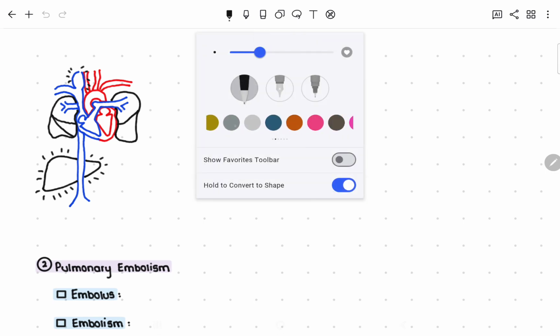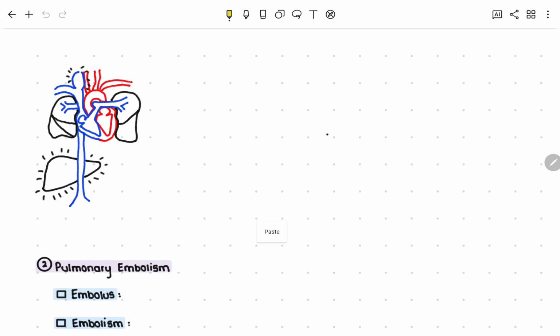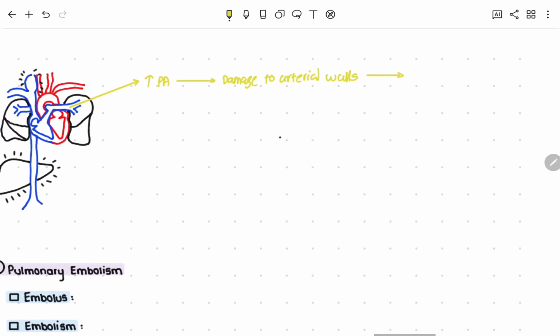As was the case with regular hypertension, an increased pressure on the walls of the blood vessels will result in damage to arterial walls.